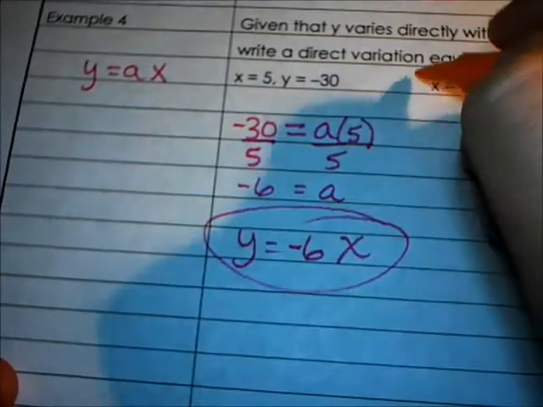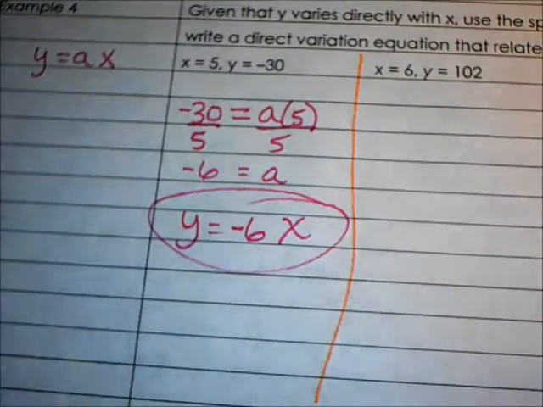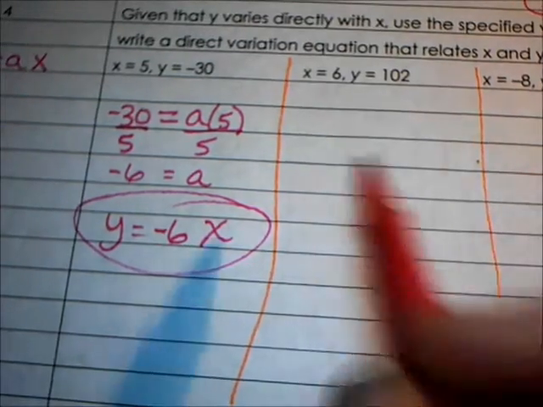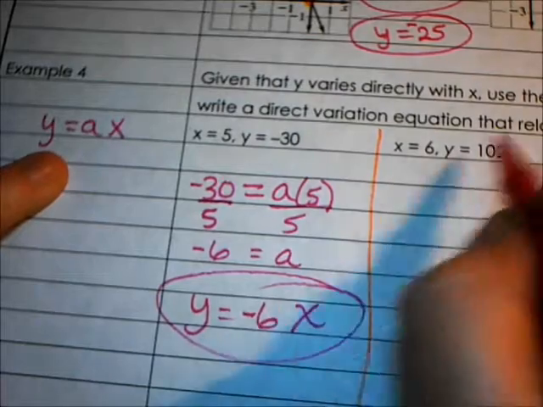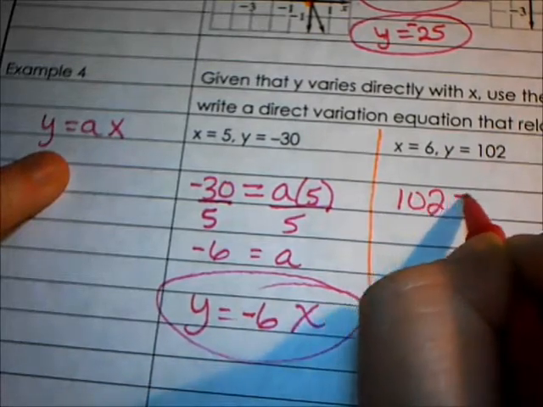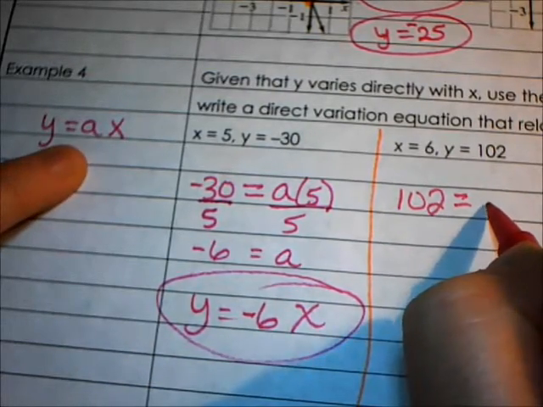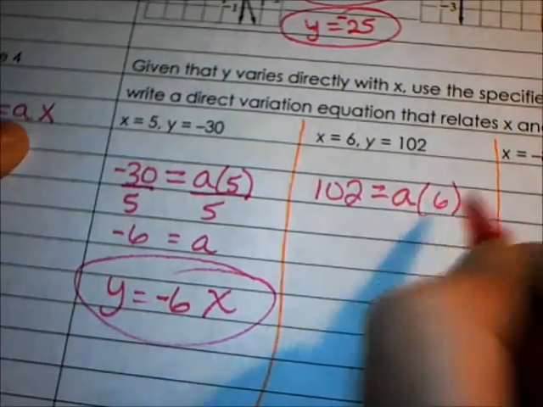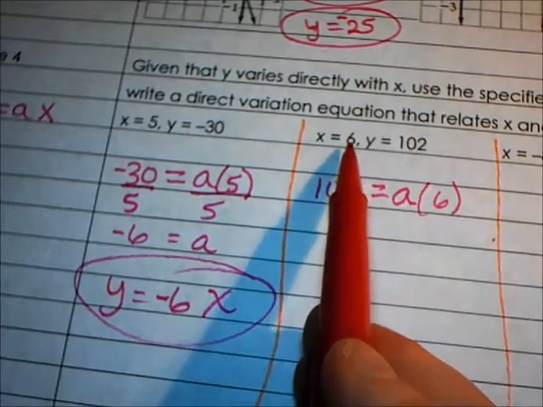Okay, so if I do that to the second one here, let me draw my lines here. Taking the same equation, y is 102 equals, and then I have my a, and then the x is going to be 6 from my value.